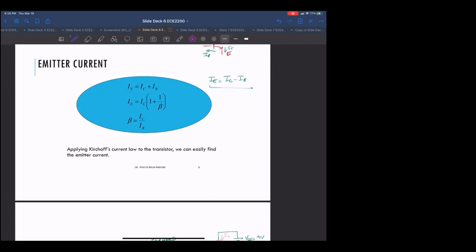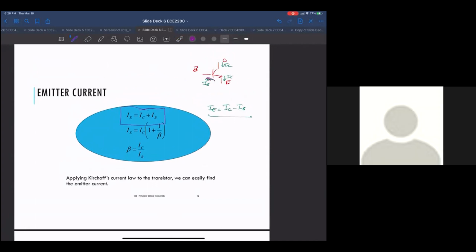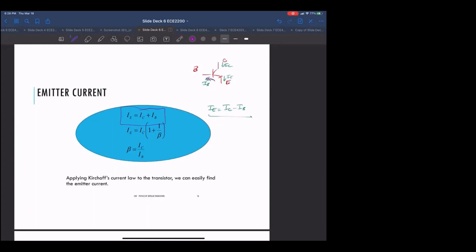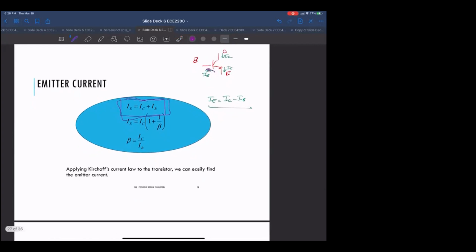Don't worry about the subtraction, because thinking of this as a hole current is going to make things more confusing. So just think of it as two currents that add, the collector and the base, and that becomes the emitter.